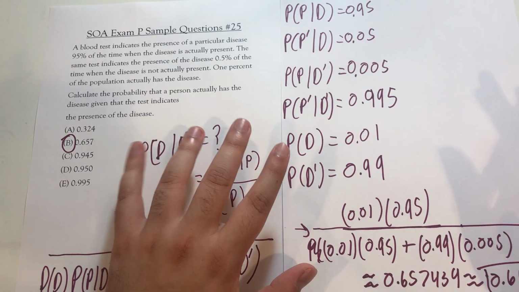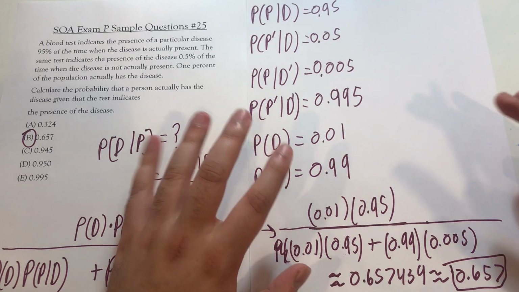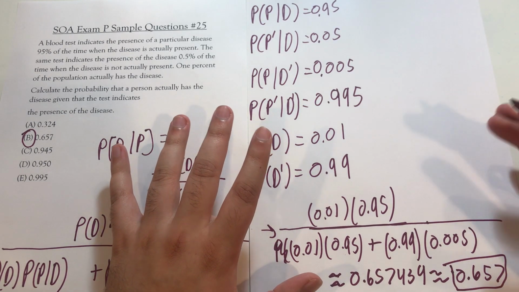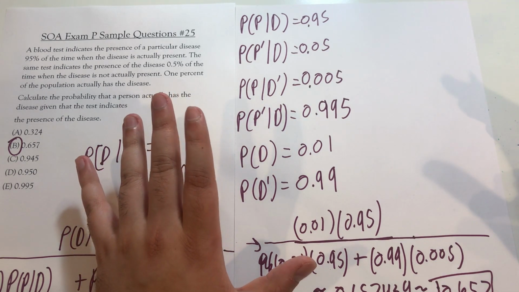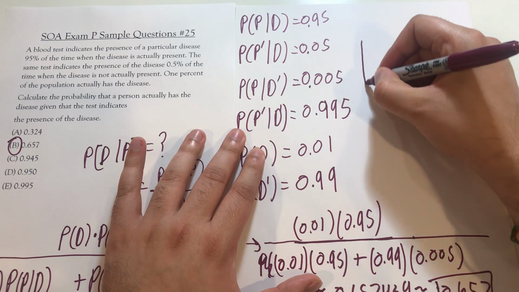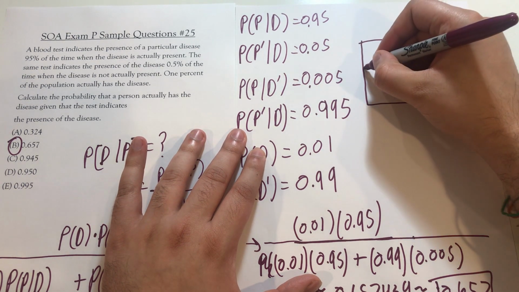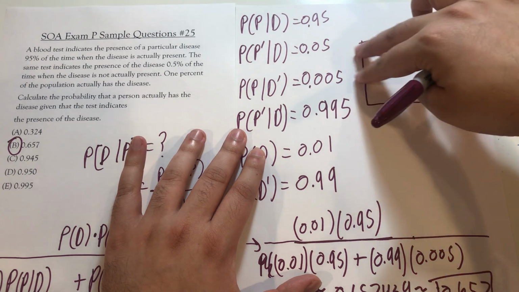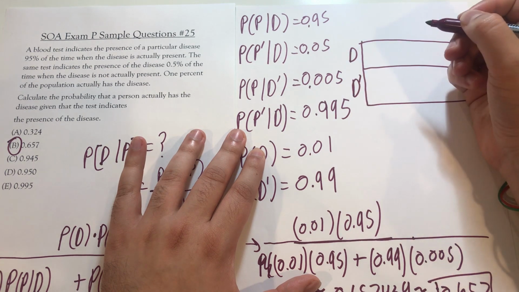Okay, so another way of looking at this problem, rather than just going straight into it, is, as in a few of my previous videos, a chart for organizing information. So let me see if I can do a similar thing here. If we made a box where in these two columns, it's either you have the disease or you don't have the disease.